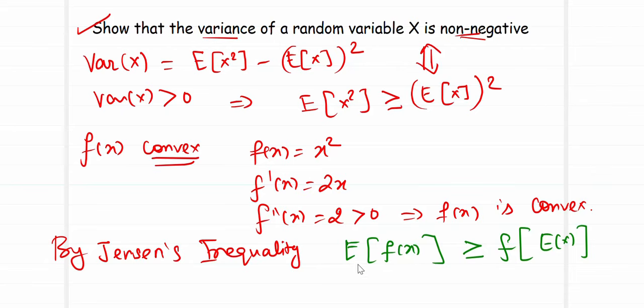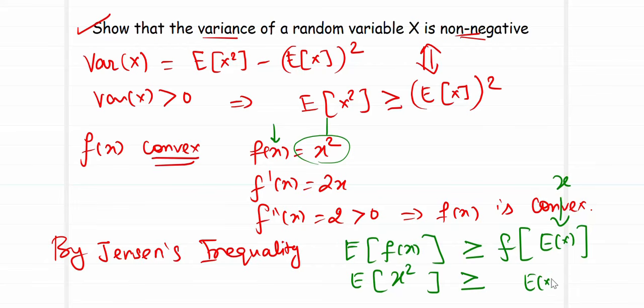So what happens over here? This becomes your expected value of what we have taken for f of x. This is going to be x square, and this will obviously be greater than or equal to the function where you replace all your x with E of x. So this will become E of x, and you have a whole square. And hence we have proved the required statement.